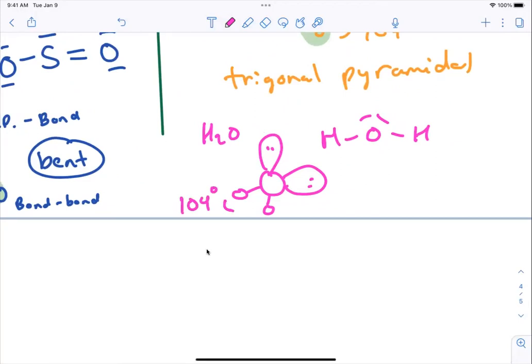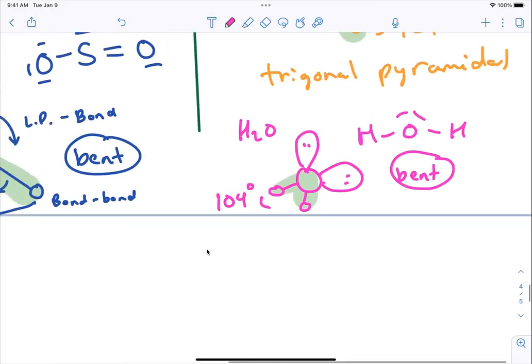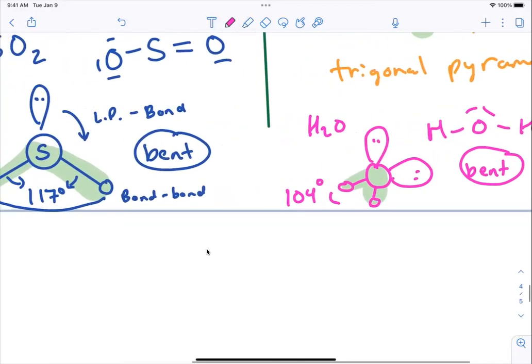Now, what's the shape of the atoms in this molecule? Bent. So there's two bents you have to know. There's a bent with one lone pair and two bonds, and there's one with two lone pairs and two bonds, and the angles are different. Notice this one's 117 and this one's 104.